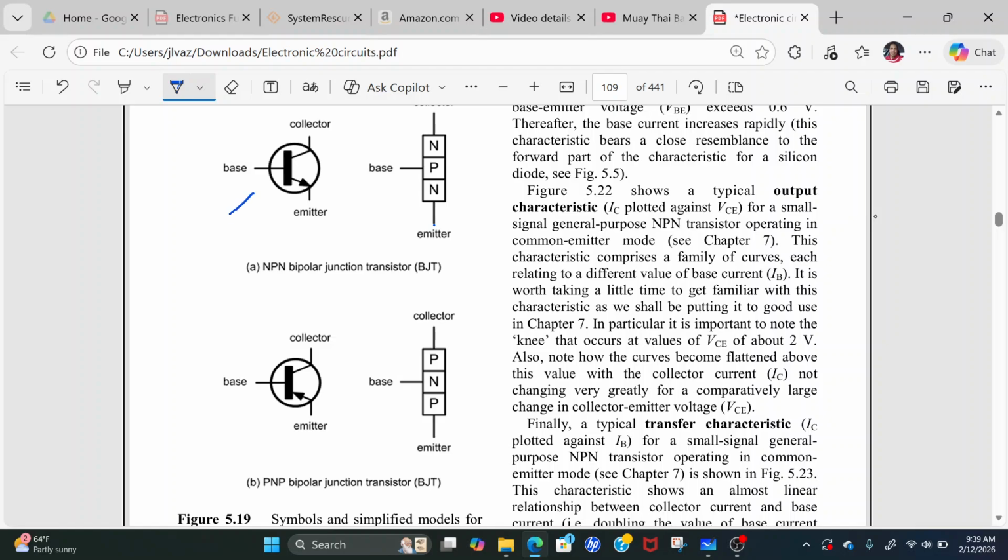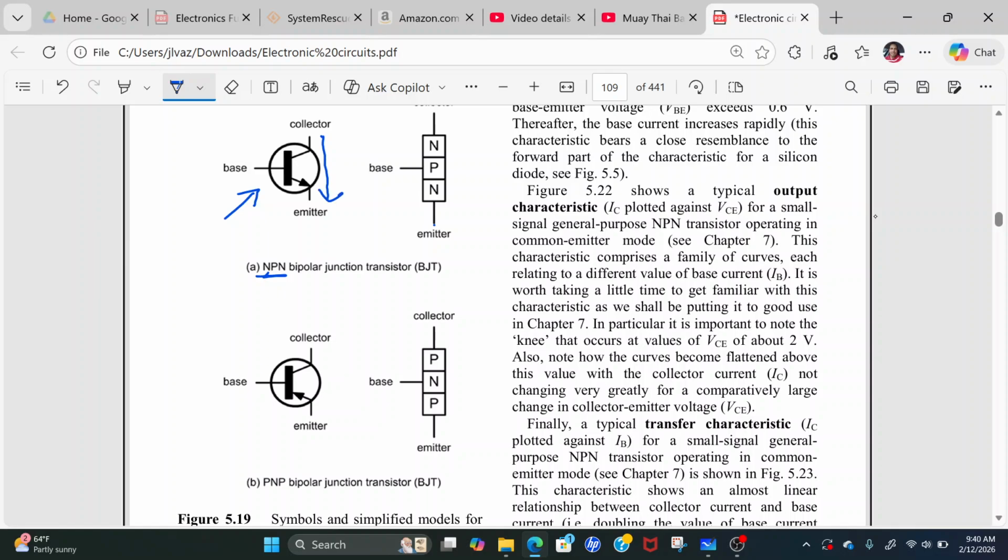So here you can see the electronic symbol for the NPN transistor. Why is it an NPN transistor? Because notice the arrow on the emitter, the arrow is pointing in the direction that current is flowing. When you're dealing with an NPN transistor, which is this symbol right here, the arrow on the emitter is pointing to the outside, meaning that the current is going to flow from the collector to the emitter.